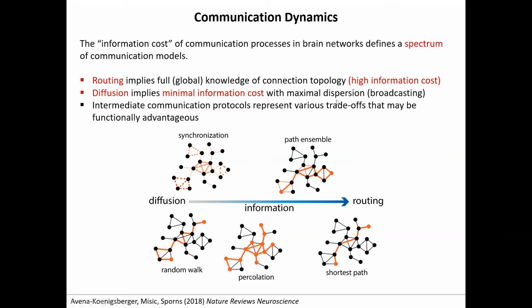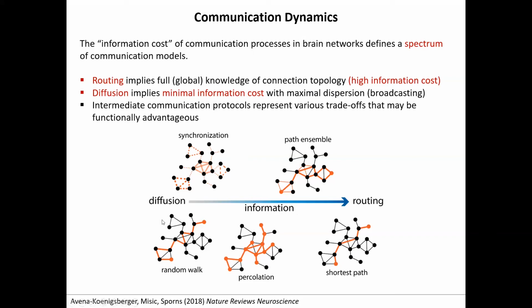But of course, it's very wasteful because signals are dispersed in all directions and can therefore also scatter and interfere with each other. And on this diagram down below, in terms of information cost, meaning the amount of global information about the topology needed, routing is the most expensive, diffusion is the cheapest. But diffusion is most wasteful, while routing is, of course, the most efficient in terms of minimizing resources for communication.